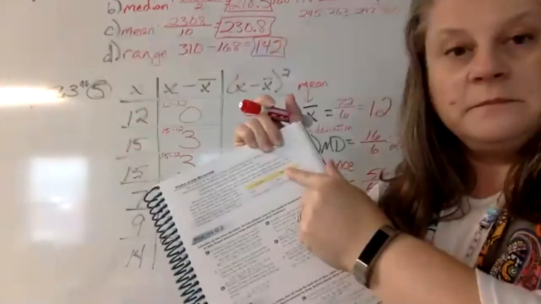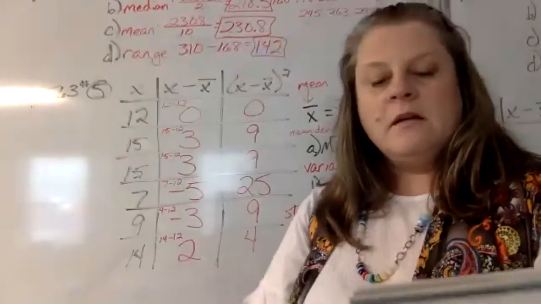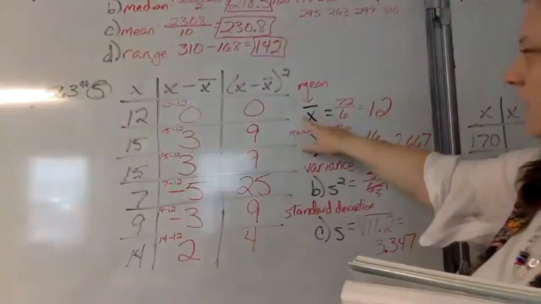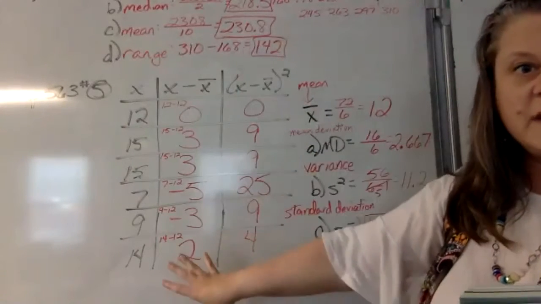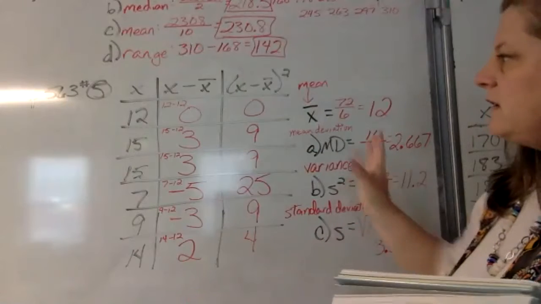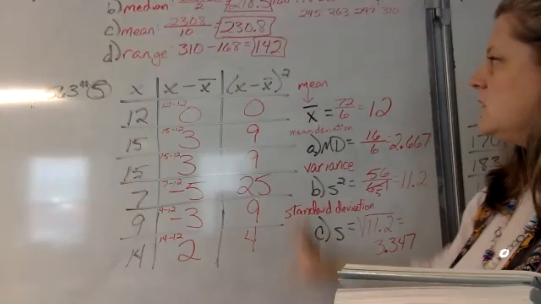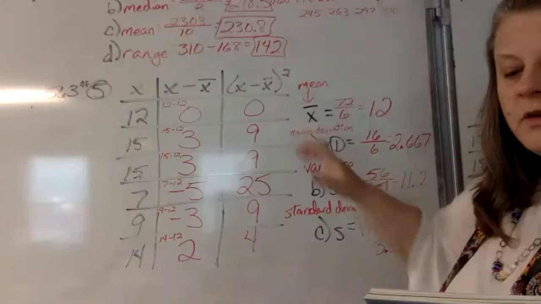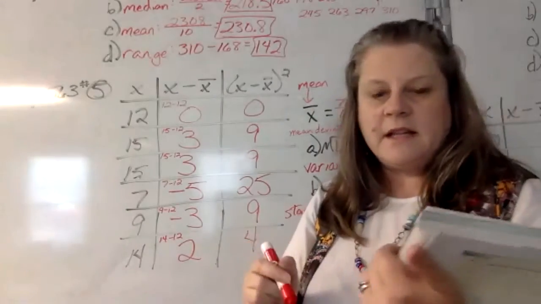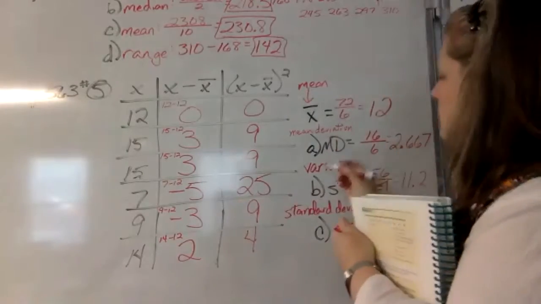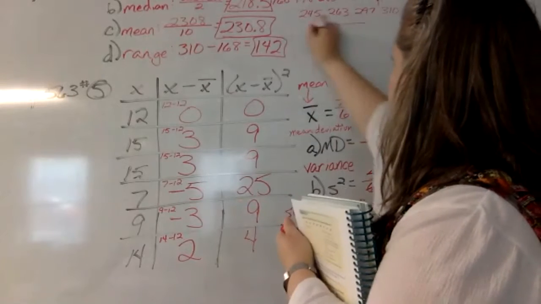Population notation. Okay, we said this is our mean for our sample. This is our sample, because remember, they only looked at like 6 days or whatever. The mean for the entire population, they use a different letter. Does everybody see that letter? Okay.